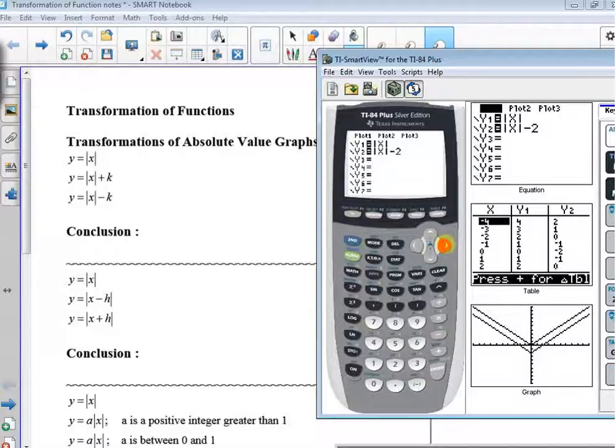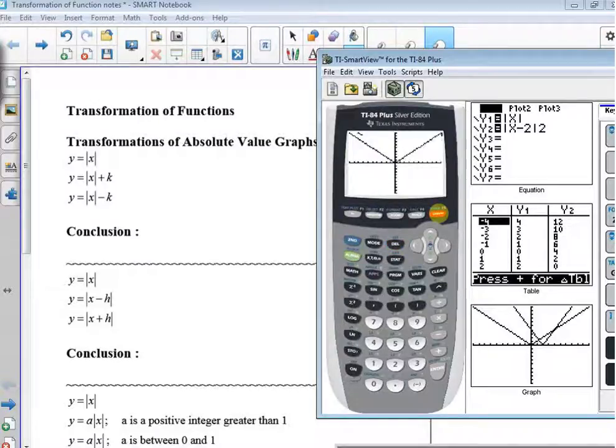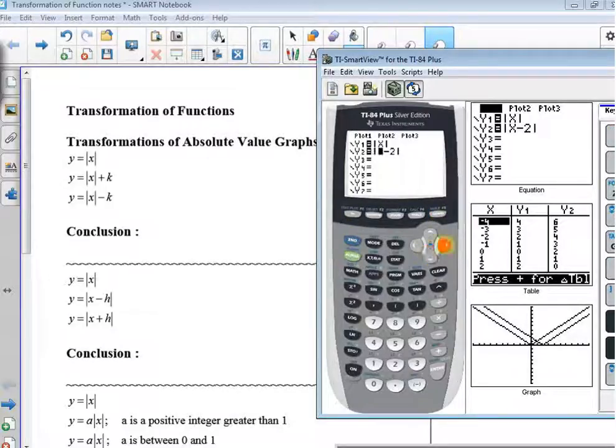I'm going to put the cursor in between x and the bar and do second insert and do minus 2 and get rid of the minus 2 on the outside. So you might think it's going to go to the left, but it goes to the right, which is the opposite, 2 to the right. And if we put a plus in there, it's going to go 2 to the left.